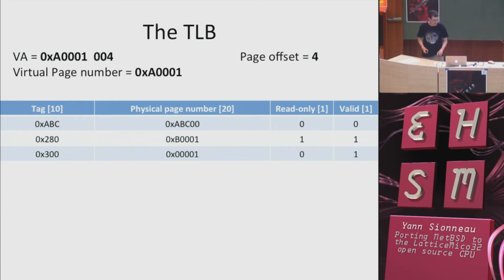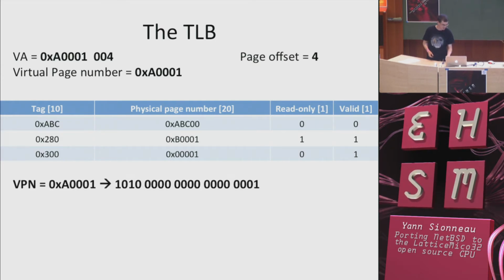So now we have a virtual page number, which is the left part of the virtual address. Let's translate it to binary. So it's just a sequence of 1 and 0. And now we are going to index our TLB with this page number. As we said before, we can only index the TLB with 10 bits, because there are 1,024 entries.